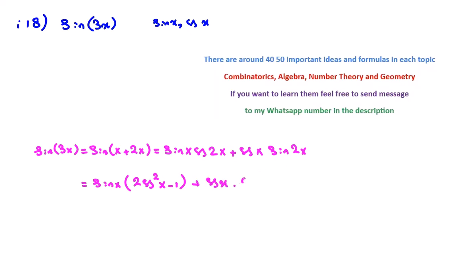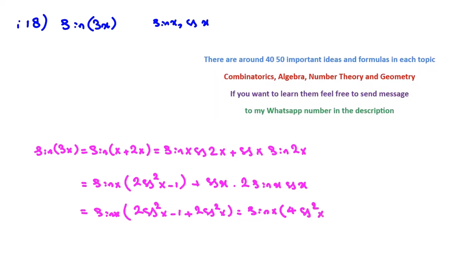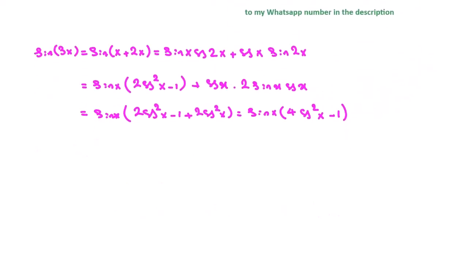Also, I told you this one is 2 sine x cosine x. So it will be what? If you factor out sine x, it will be 2 cosine squared x minus 1 plus 2 cosine squared x, which will be what? Sine x times 4 cosine squared x minus 1, which is useful in our AMC problem.